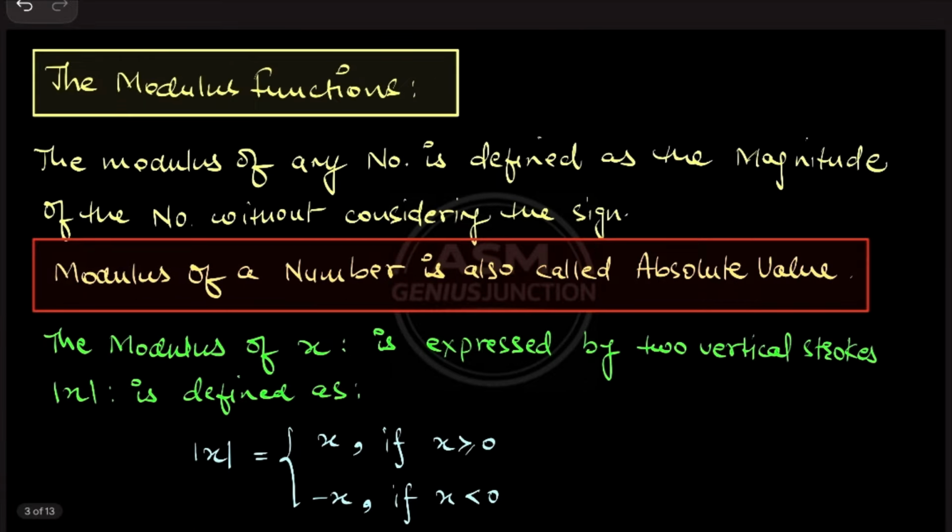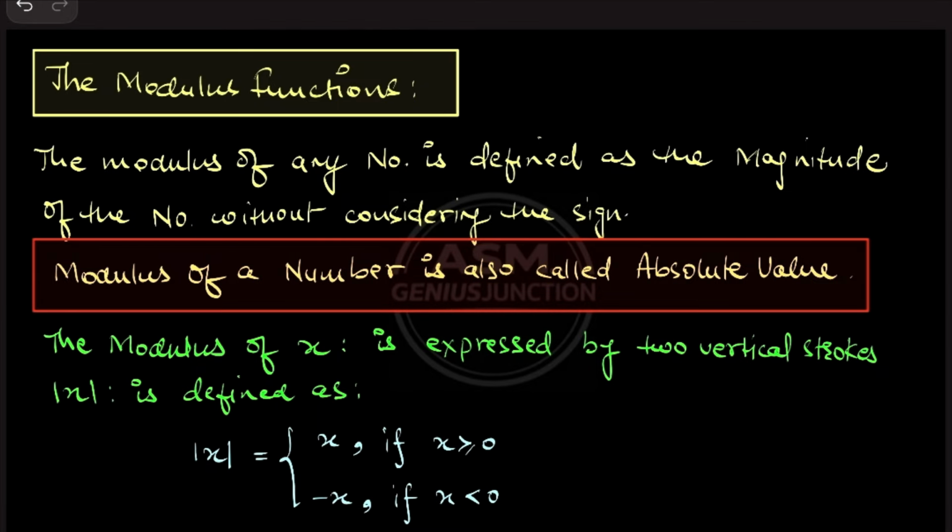So the modulus function. What is a modulus function? A modulus is basically represented by two vertical strokes around a function. The modulus of any number is defined as the magnitude of the number without considering the sign.